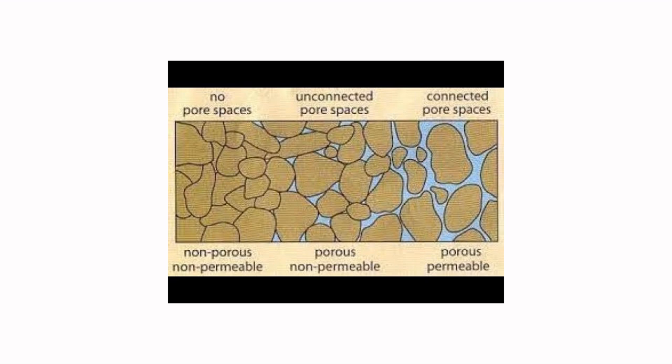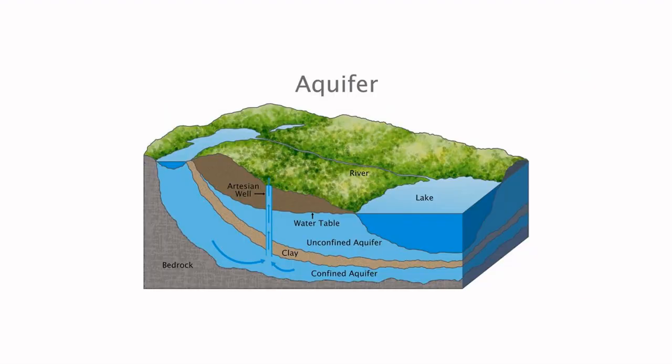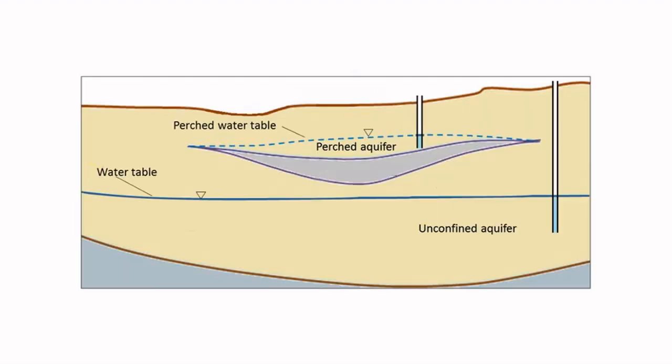The surface of the capillary fringe is irregular in detail and its position varies constantly with the change in the water level and also with the amount of recharge. The zone of groundwater is divided from the capillary fringe by a water table. You can see the water table here.